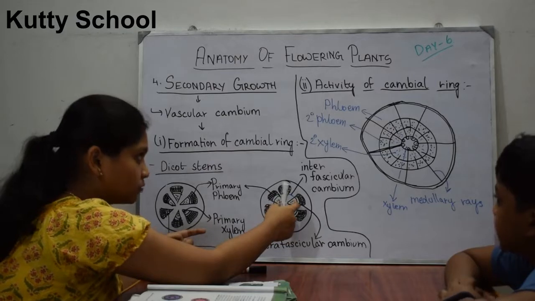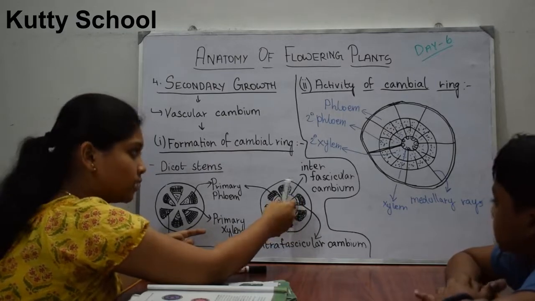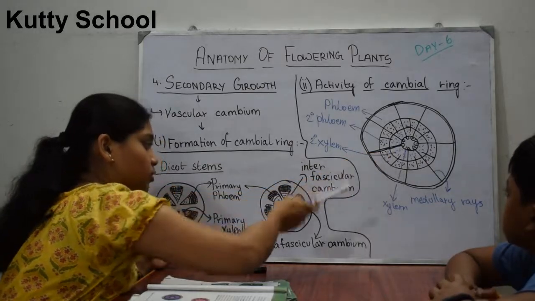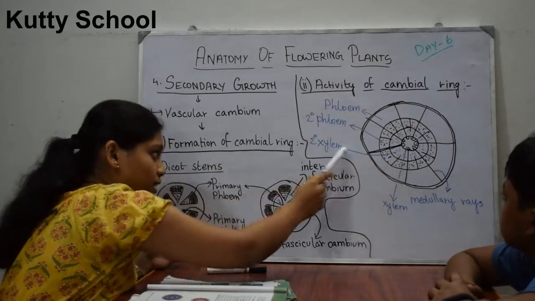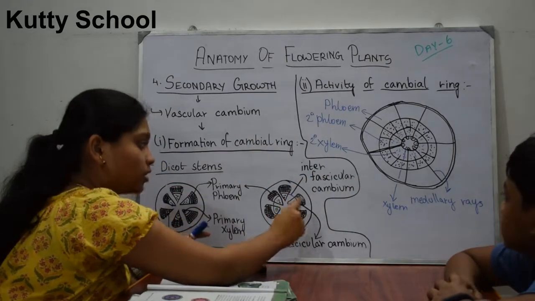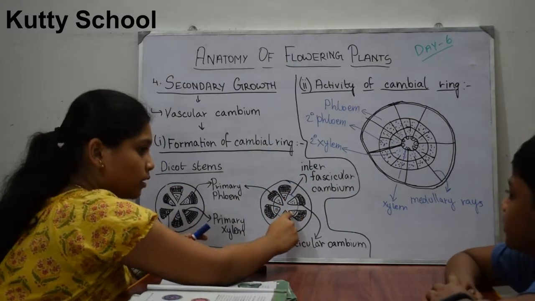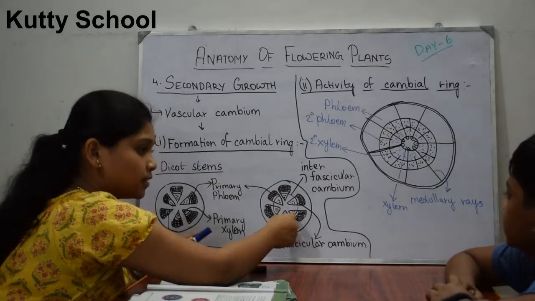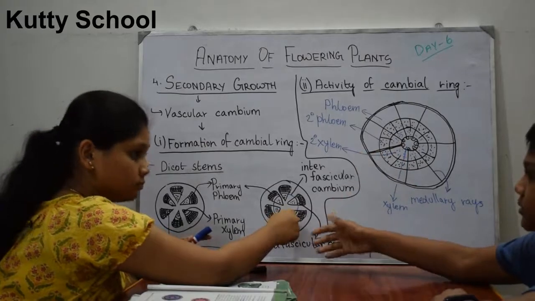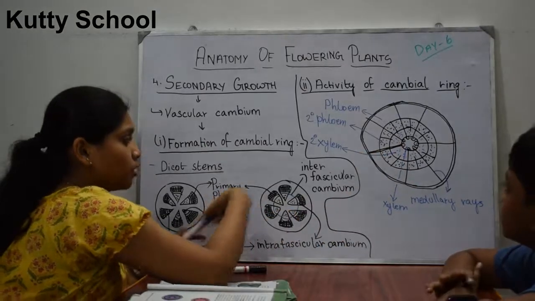When it divides on the outer side, towards the phloem, it is called secondary phloem. Towards the xylem, secondary xylem; towards the phloem, secondary phloem. That's it. So now, inside, what is there?